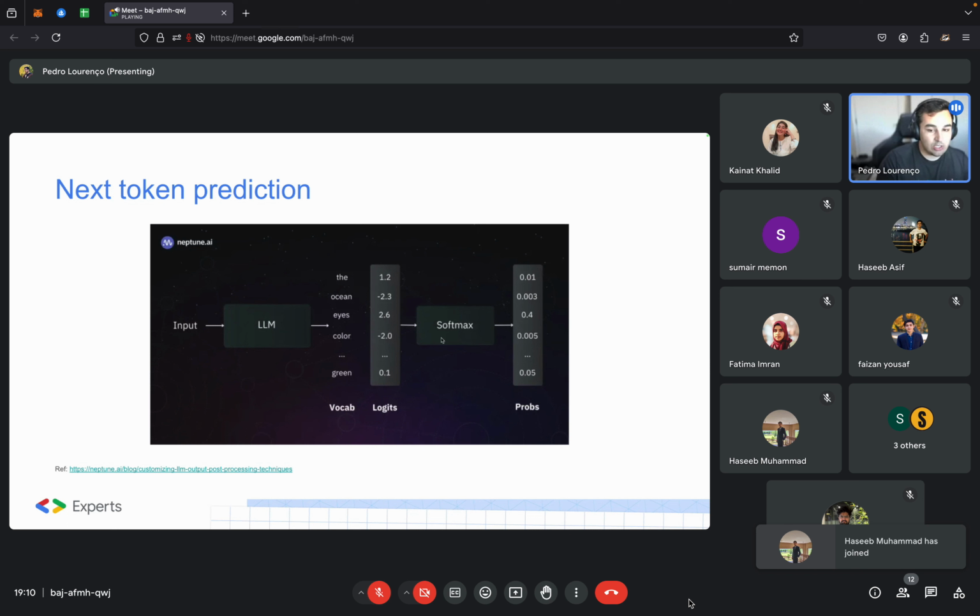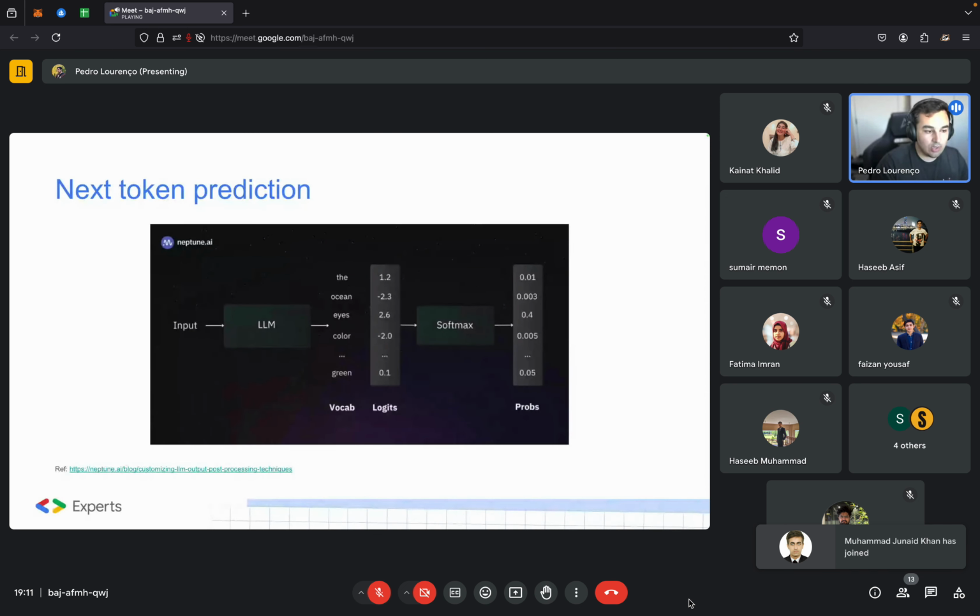After that, you apply softmax, and you get the probabilities of each of the tokens in your vocabulary. The task of the model is to pick one of these tokens to become the next token prediction. In this way, given your input, you can predict one token.